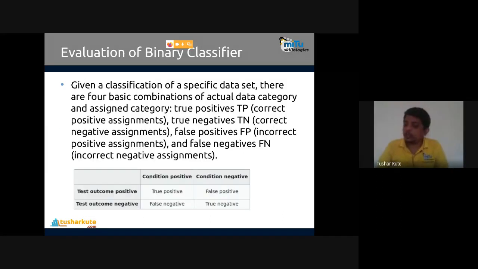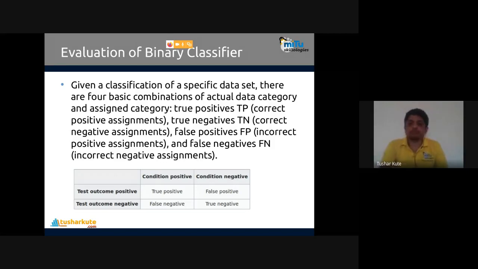Let's see, how do we know that this algorithm is correct or perfectly working? Given a classification of a specific data set, 4 combinations are possible: true positive, true negative, false positive, and false negative.